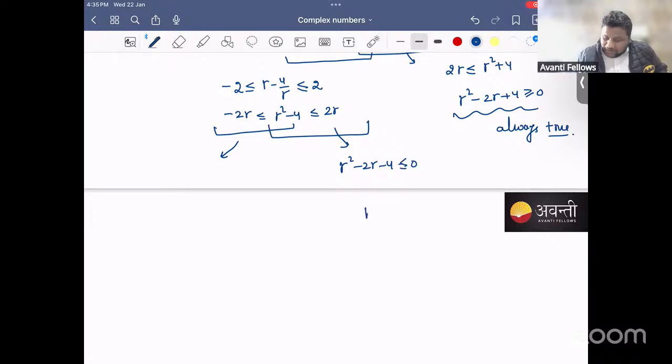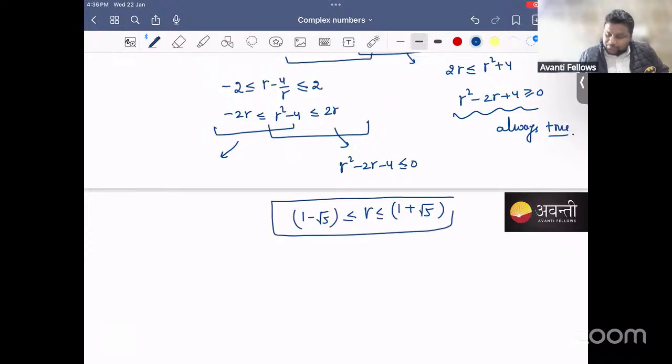That means r lies between the roots, and the roots are 1 plus root 5 and 1 minus root 5. So from this part, I get this. All right.